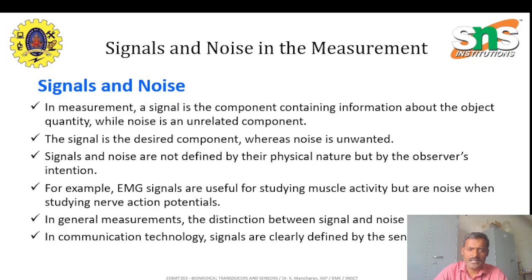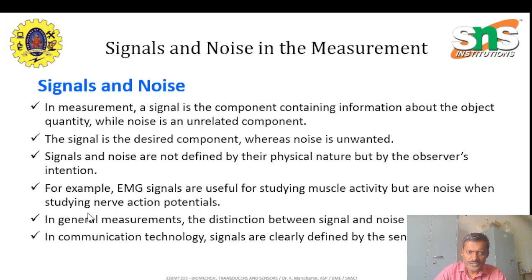Signal and noise are not defined by their physical nature but by the observer's intention. So we cannot define that this is the signal and this is noise. It depends upon what we are measuring, and the other things will be considered as noises. Whatever you are going to measure will be considered as a signal. Whatever irrelevant information, whatever you are not measuring, will be considered as noise.